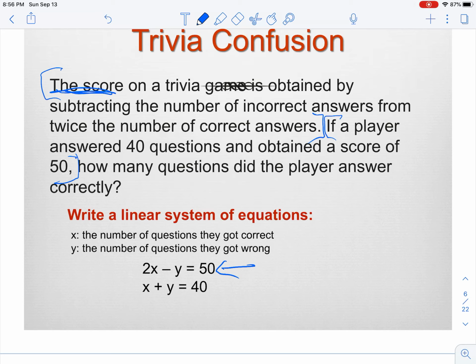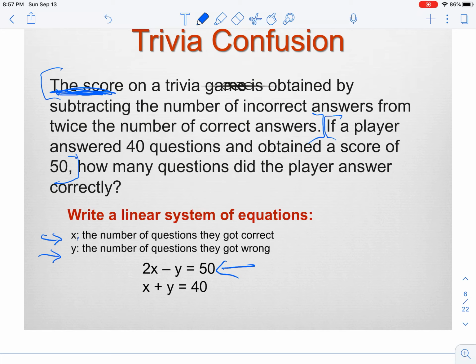Let's start with this. The score on a trivia game is obtained by subtracting the number of incorrect answers. The strategy is to start out by writing down what you are being asked to find. In this problem, we're trying to find out how many correct and how many incorrect. So x is going to be the number of questions we got correct, and y is the number of questions we got wrong.